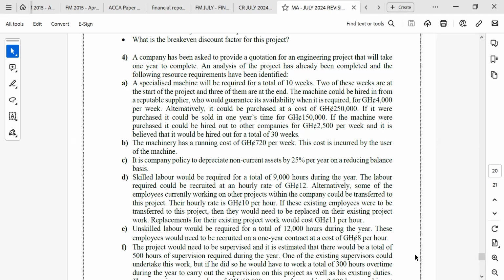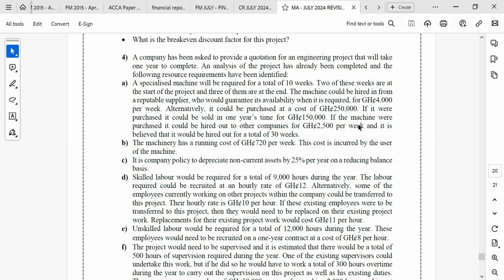But if we transfer them without replacement, they will be paid for the work they are going to be doing. So that will be 10 cedis multiplied by the hours. But if we are moving them, what will the contribution loss be also? The contribution loss will be added to the current amount that we are paying them. That is without replacement.